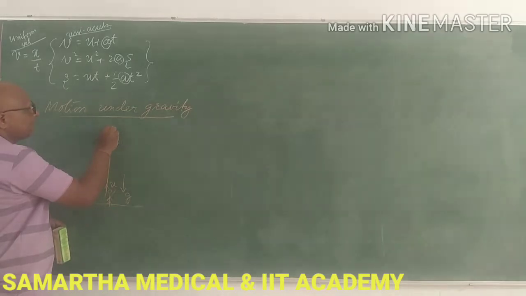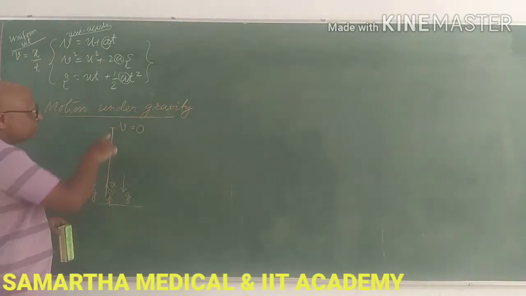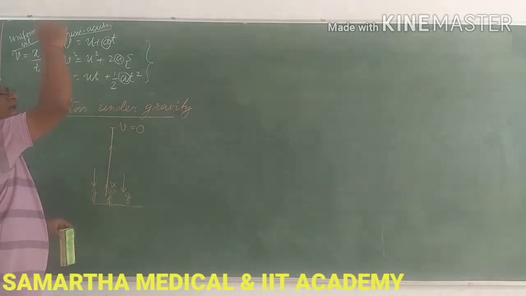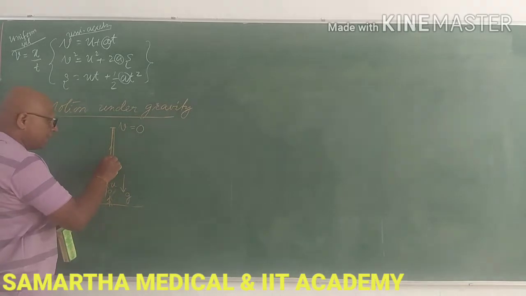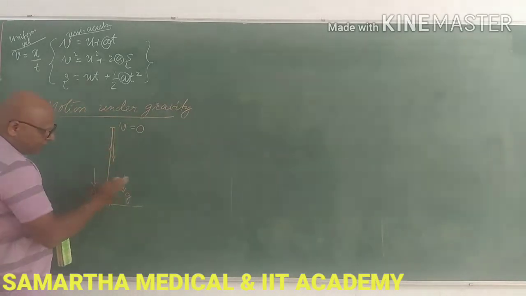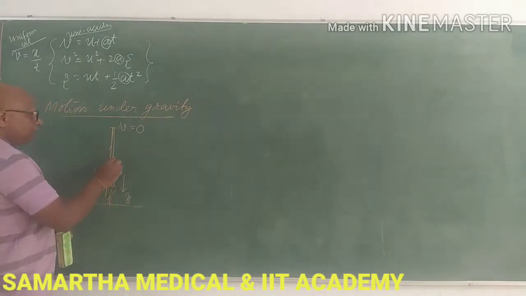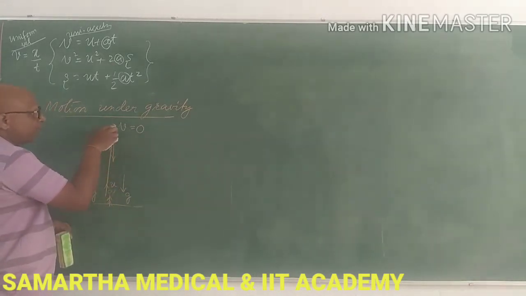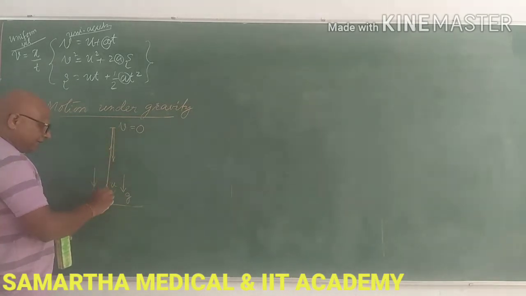It reaches a particular height where its final velocity will be zero because it stops there and comes back. It will be coming back to its own hand. From v is equal to 0, it starts increasing the speed, and later when it reaches the hand, it will regain the original speed.